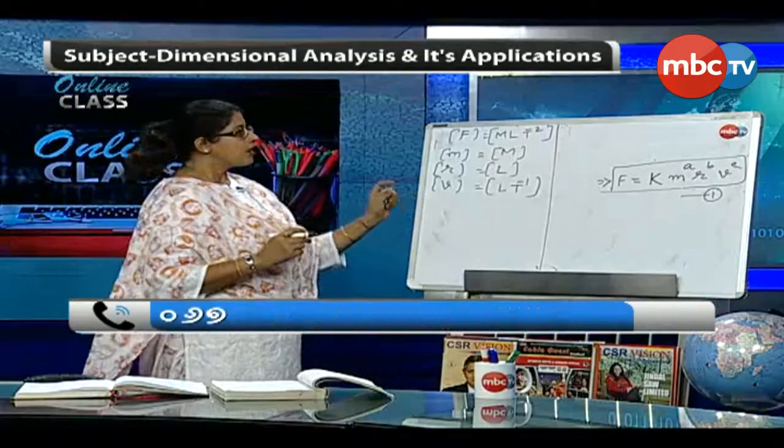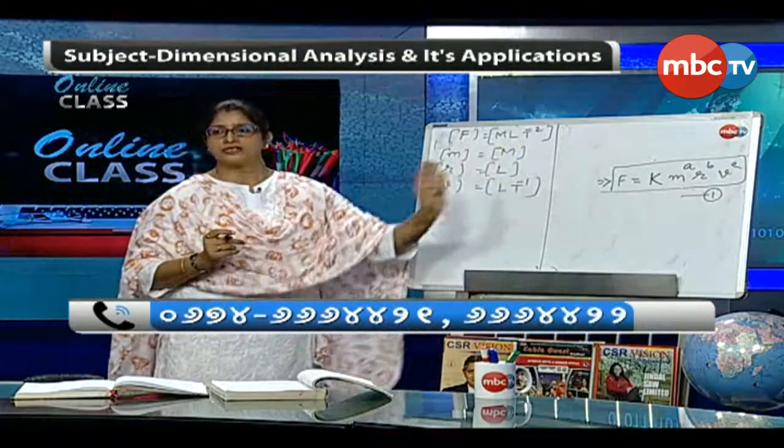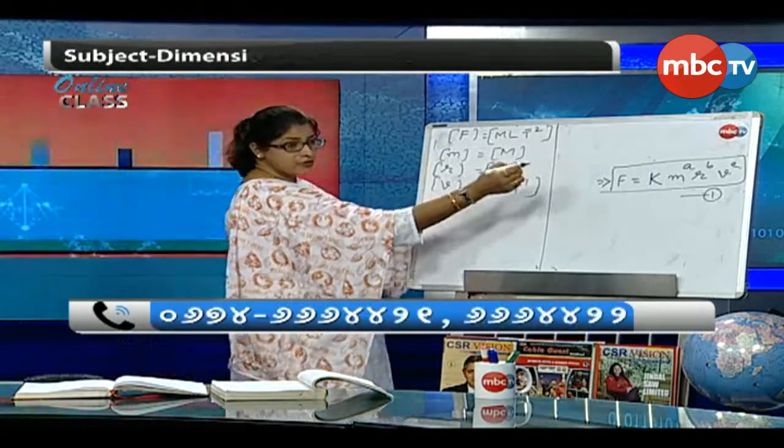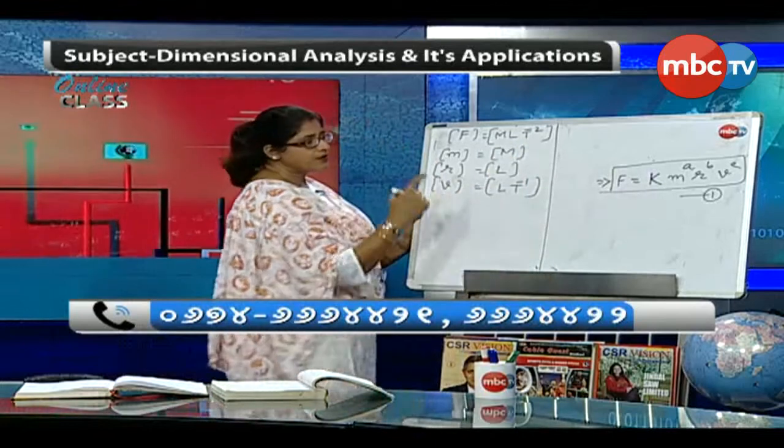Clear? Now, just use this on both sides of the equation. The dimension of k is dimensionless.